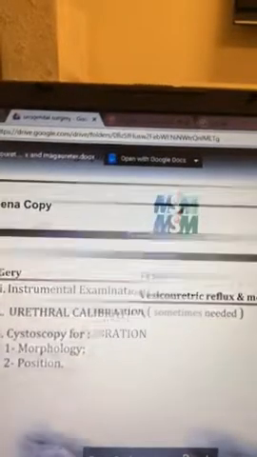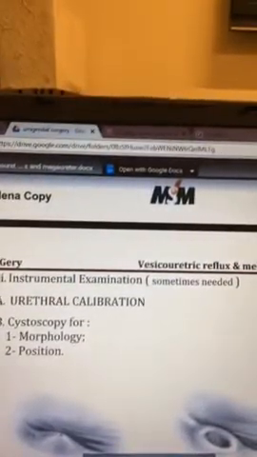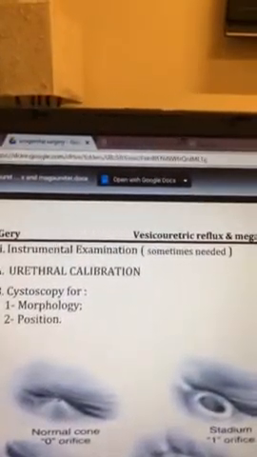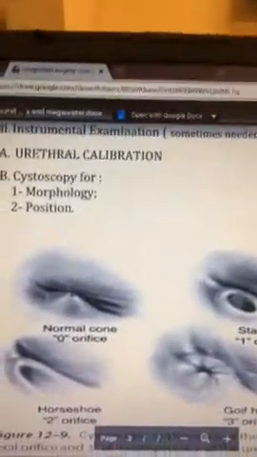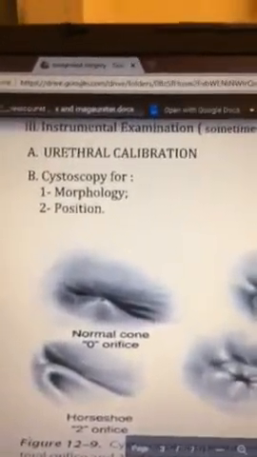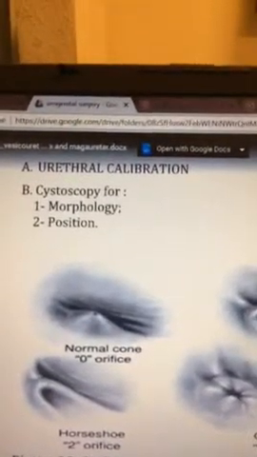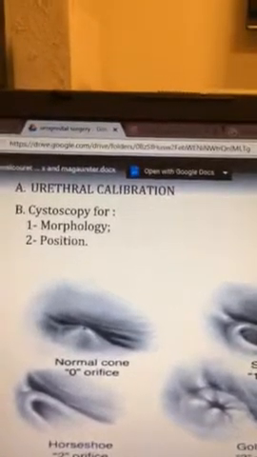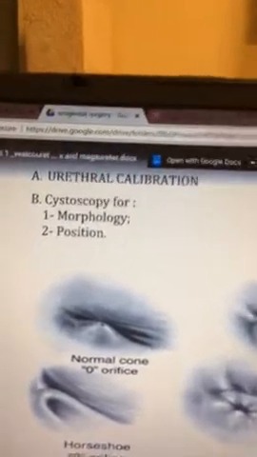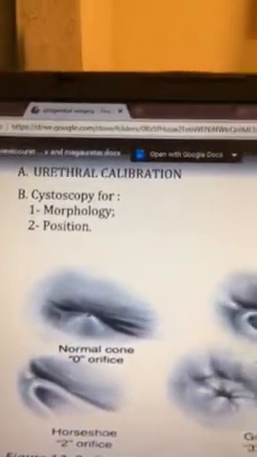Urethral calibration, and cystoscopy for the morphology and the position. Here we can see the orifice between the bladder and the ureter.